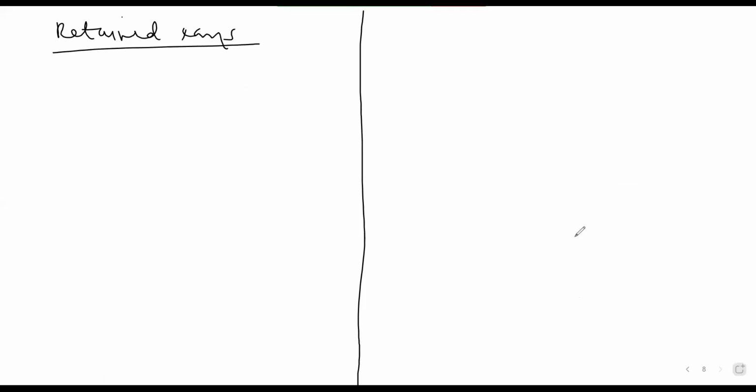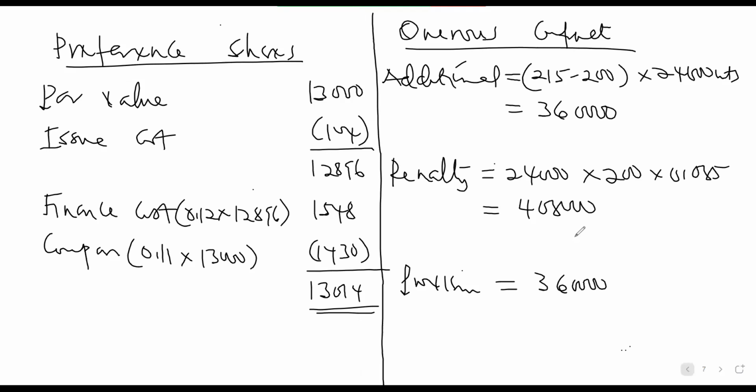The retained earnings is the one as per the statement. As per the statement of financial position, how much do we have? 36,109. Yes, sir. How much was the profit added to it?